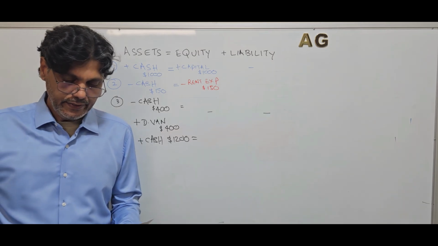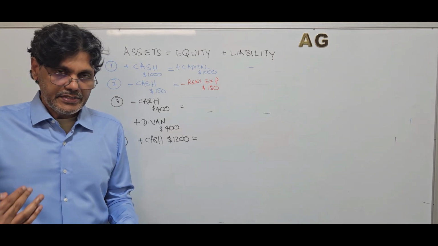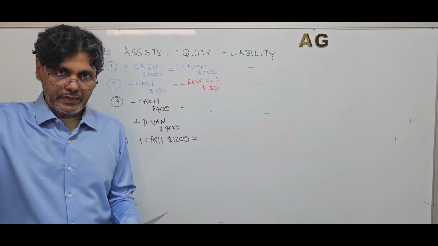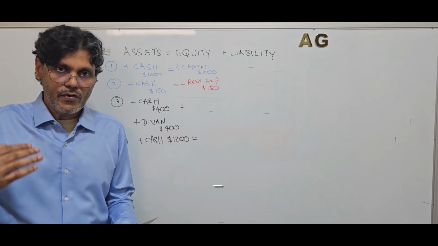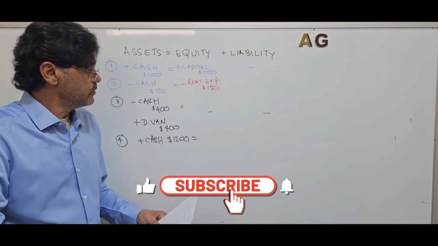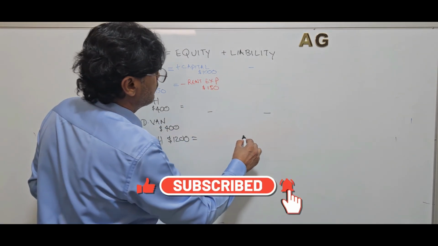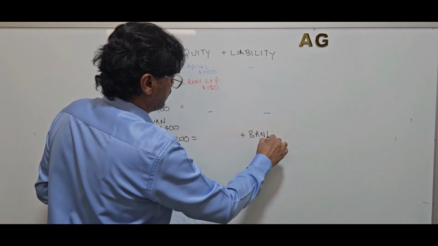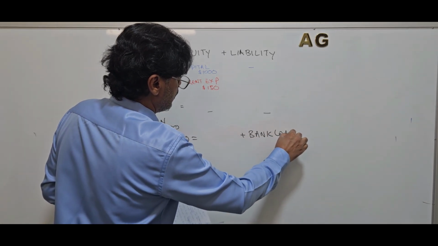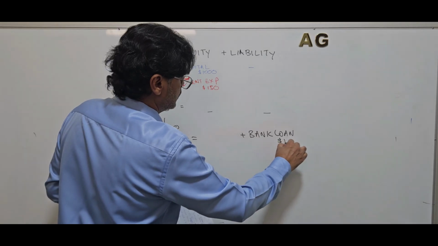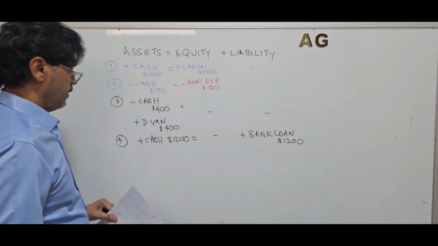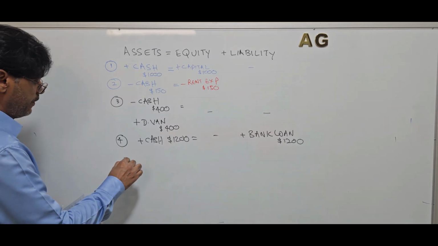On the other hand, since the business has an obligation towards the bank, it's a liability. The business has to settle this liability. So the liability will increase, bank loan, $1,200.